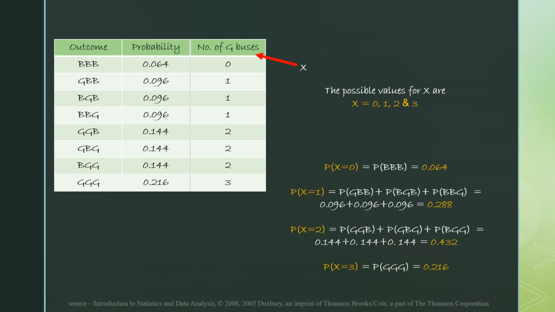Probability of x equals 1 equals probability of GBB plus probability of BGB plus probability of BBG, which sums up to 0.288. And probability of x equals 2 equals probability of GGB plus probability of GBG plus probability of BGG, which sums up to 0.432. And probability of x equals 3 equals probability of GGG, which equals 0.216.